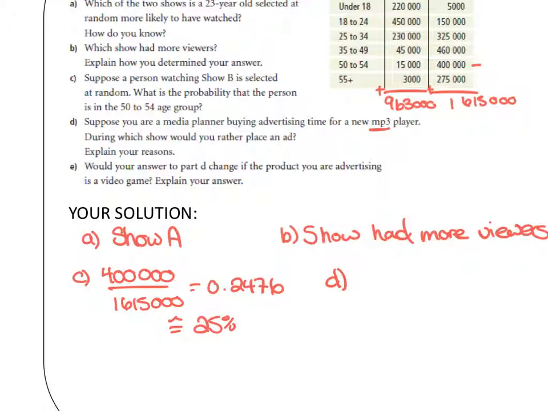I have also had other students say, no, I'm going to place it in the 25 up to 55 plus range because those are parents and grandparents, and they're more likely to buy them for their kids. So as long as you have a good answer, both of those answers are reasonable, and I would give marks for both because you've given me what you think, but also a very valid reason why.